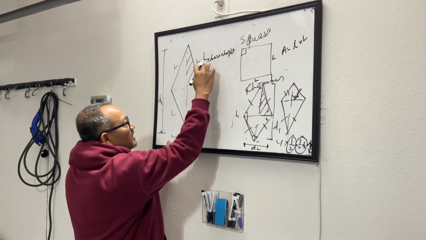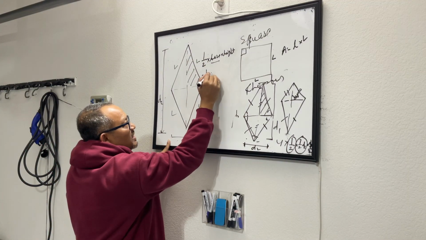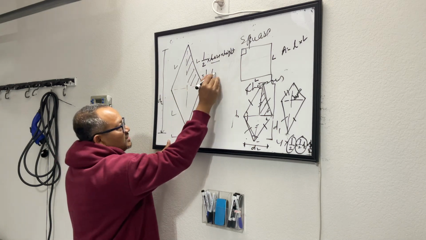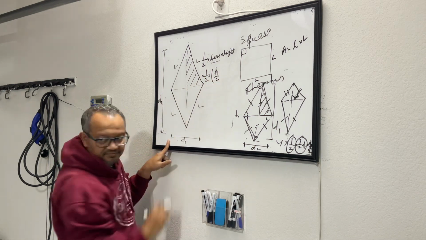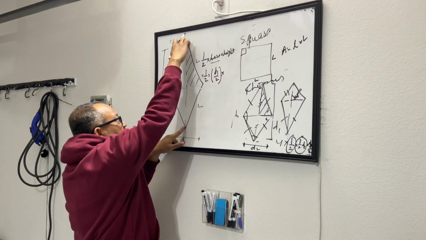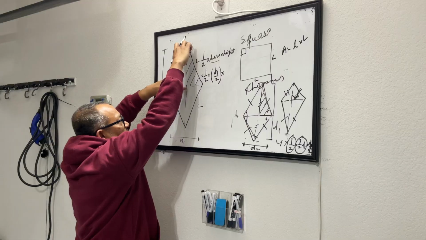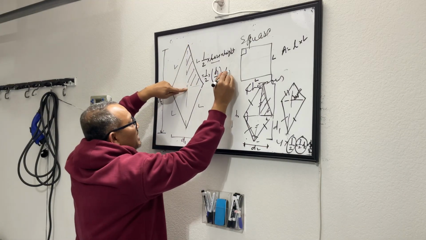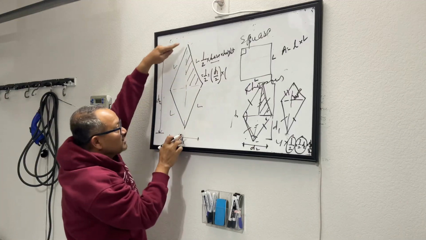So this base is half of the whole distance, which is D1 by 2, into height. Sorry, this is my height, my bad. This is my height, right? Yes. This is again half of this whole thing.